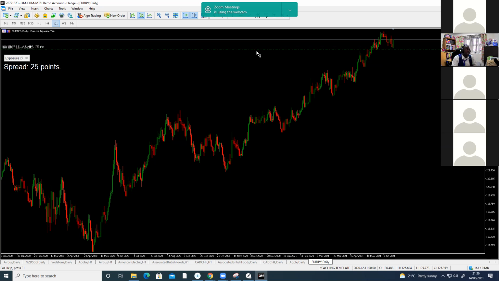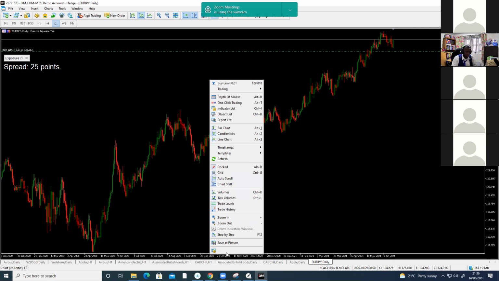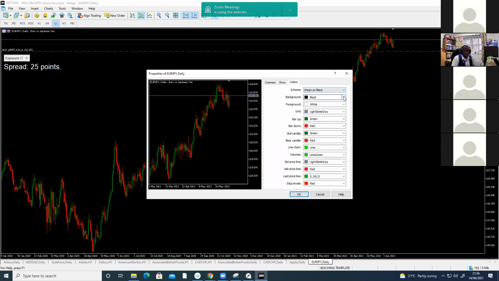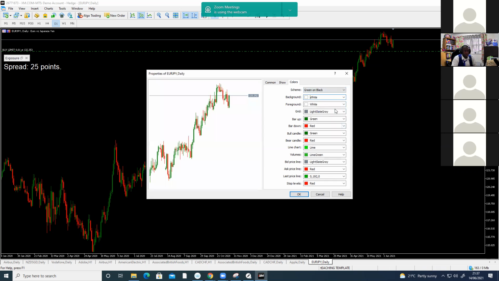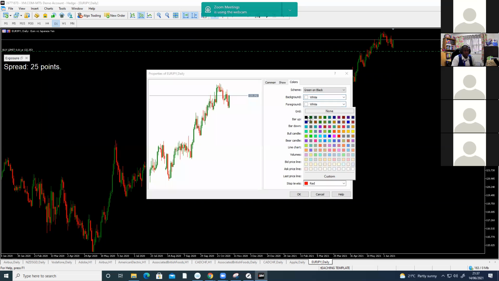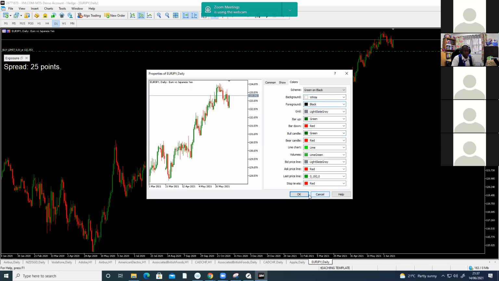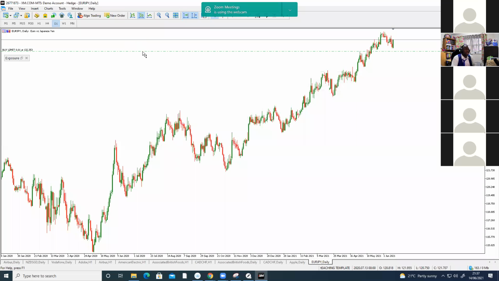Let me change it back to white now. Can you see here where I'm actually risking? It was 80 pips. So I'm risking 80 pips there, because I put it at the low of the candle.